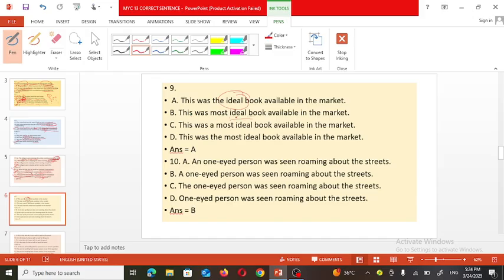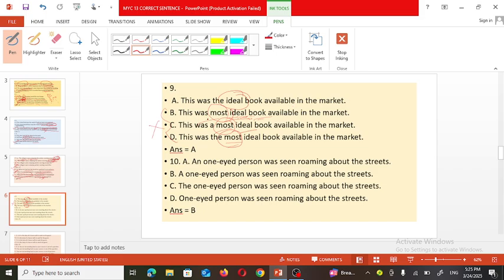Already when we are using this adjective ideal, it is one of the best options among the books. And then again we have compared it with other things by using most or more, so this is incorrect. The correct option is this was the ideal book available in the market.